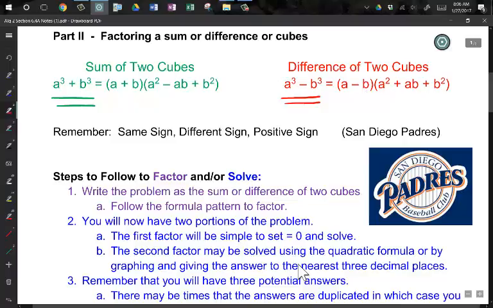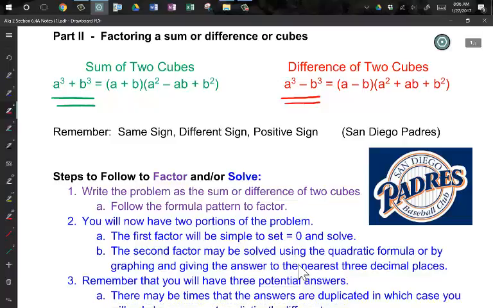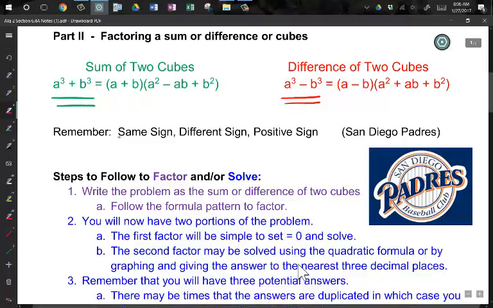And the way I remember this is a really dorky way, but it works. You know the baseball team, hopefully the San Diego Padres, out in the West. Those letters, San Diego Padres, help me remember the first term has the same sign. So notice the plus here and the plus there. When I say the same sign, I mean they're both pluses.